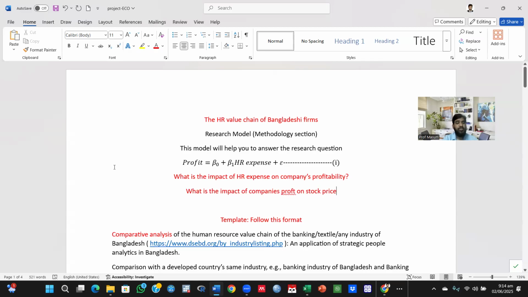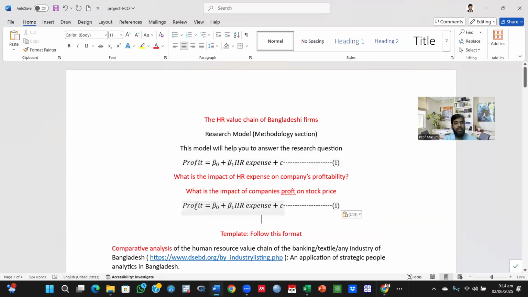Now you're also going to develop one more equation to answer this research question. You're going to build a new model, and the stock price is your dependent variable, and profit is the independent variable.